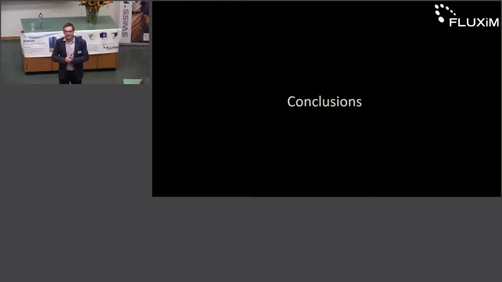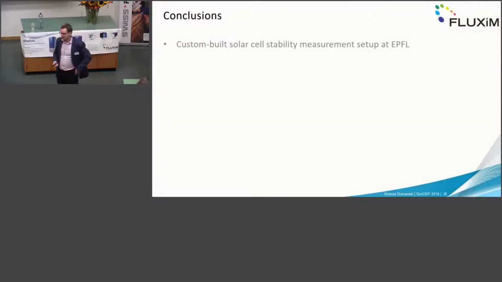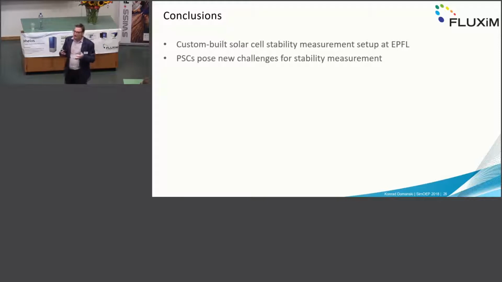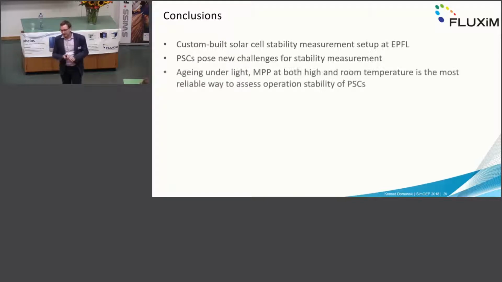So with that, let me quickly conclude. I talked about the infrastructure built at EPFL to measure stability of solar cells. I talked about the new challenges that the technology, which is not well understood yet, poses for measurement of stability. I said that aging under light, at maximal power point, and at both room and high temperature is now the most reliable way, the safest way to deduce the stability of perovskite cells.